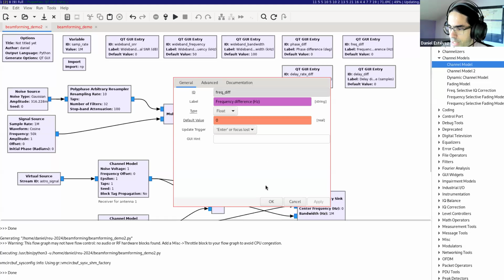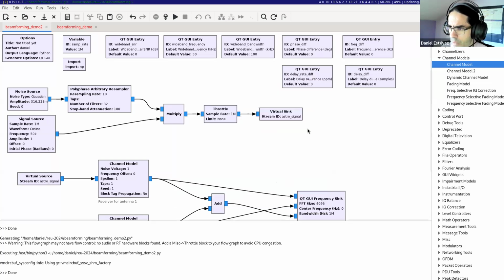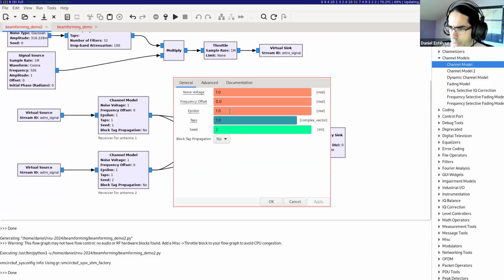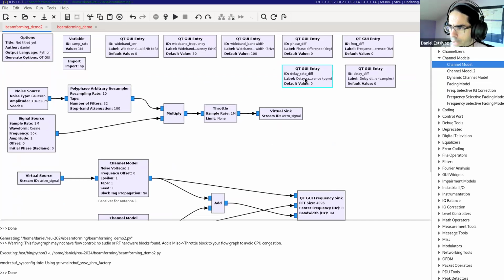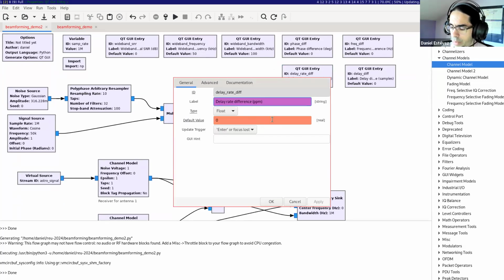This is the frequency difference in hertz. This is the delay rate difference in parts per million. Parts per million is a common unit when you are dealing with things which are very small or very close to 1, as in this case. So this is going to be 1 plus a very small number. And what is a part per million?